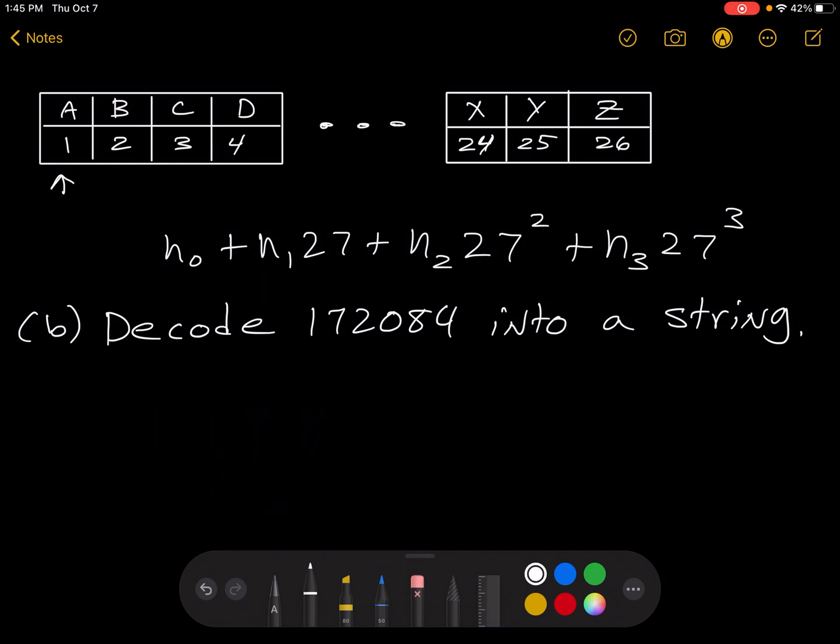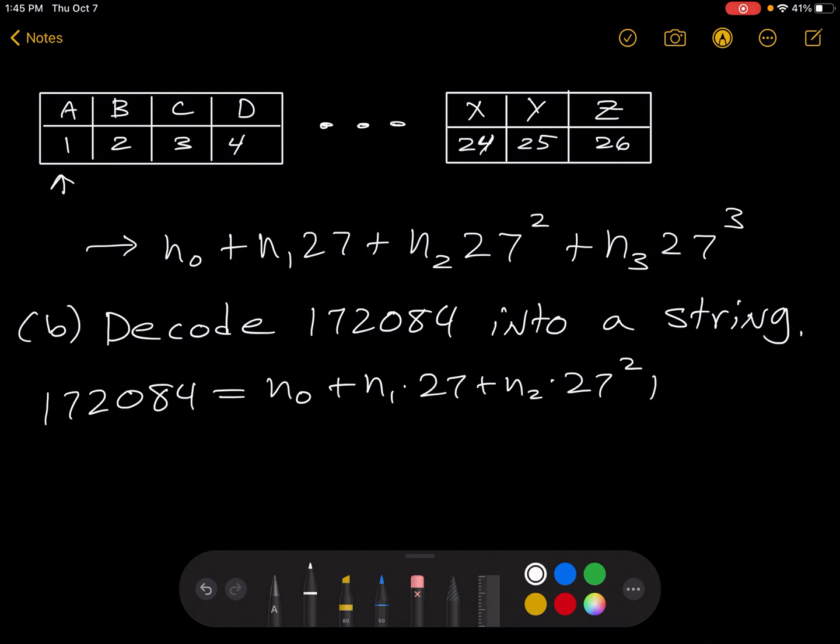All right, so because we used this number here as our way to encode math, we'll now set 172,084 equal to n0 plus n1 times 27 plus n2 times 27 squared plus n3 times 27 cubed. And first we'll solve for n0.